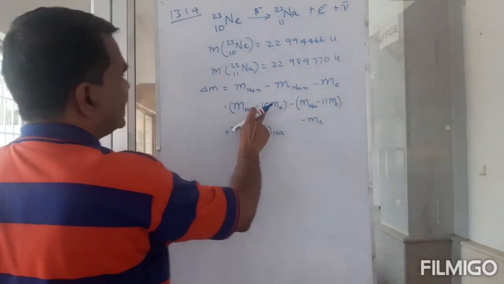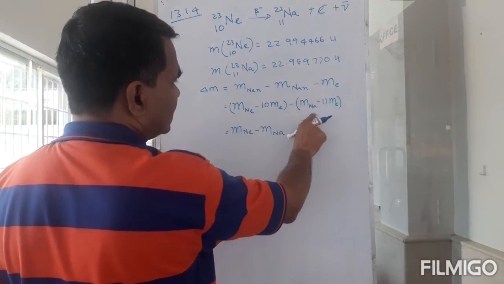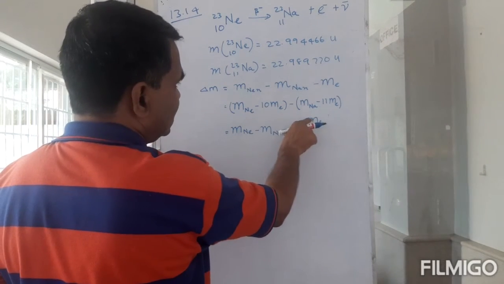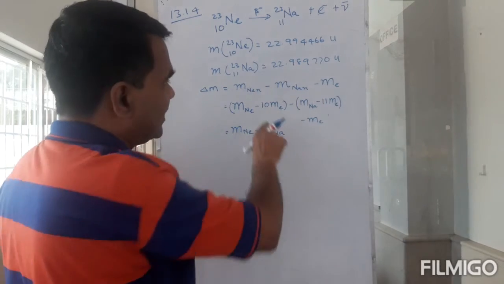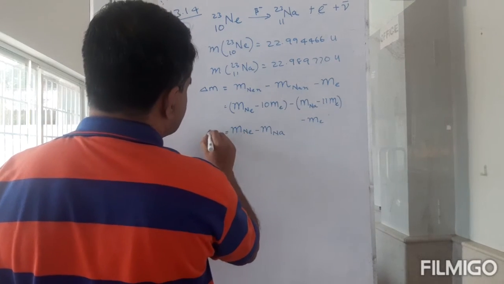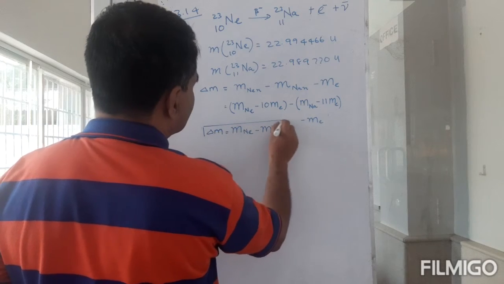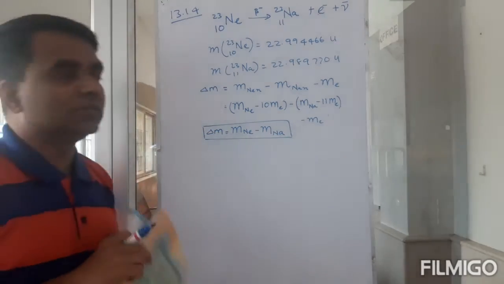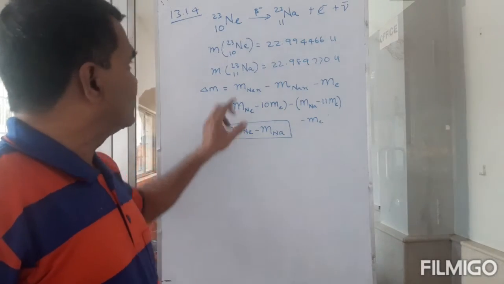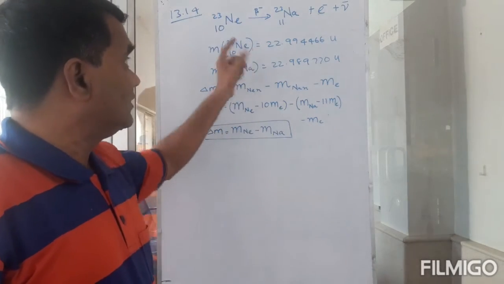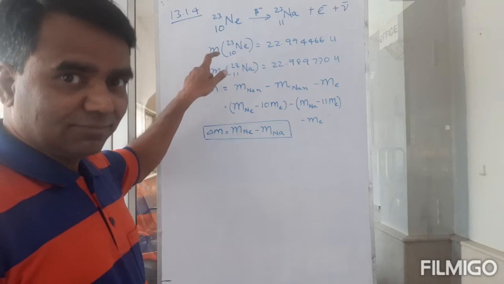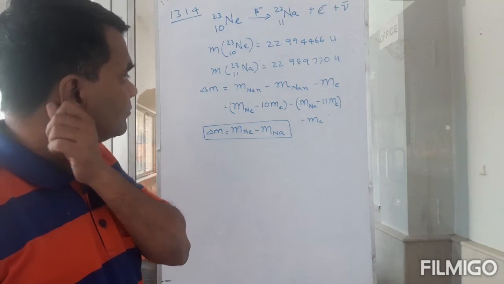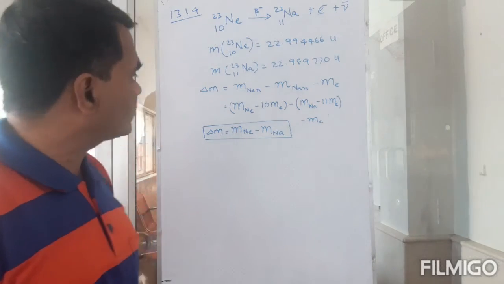Then what's going to happen? You got minus 10 here, plus 11, and minus 1 here. So minus 10 plus 11 minus 1 is 0. So in this case, we are safe for delta M, because that will be 0. You can straight away subtract the atomic masses. But actually, you are not dealing with atomic masses, you are dealing with nuclear ones. I want you to understand that. I hope this is clear to you.